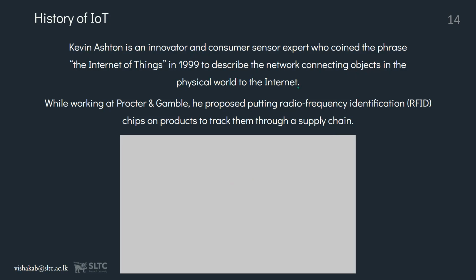And he explained that you need sensors and you need connectivity to build an IoT network. So you need basically these two features, sensors and connectivity, to build an IoT network.